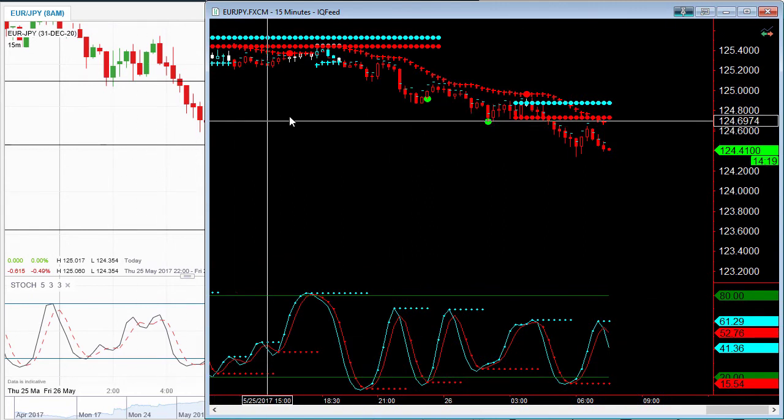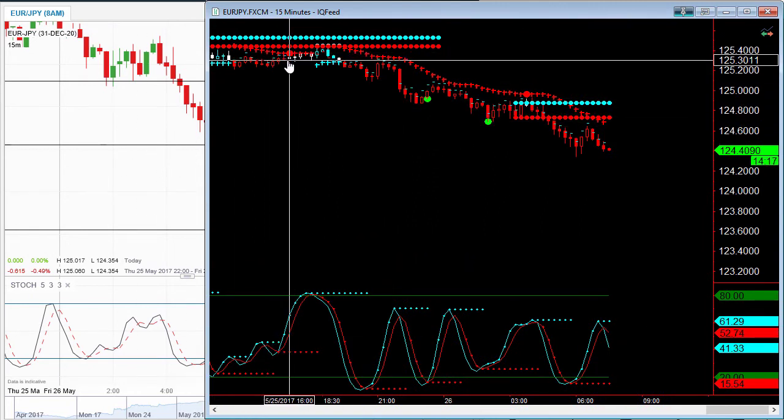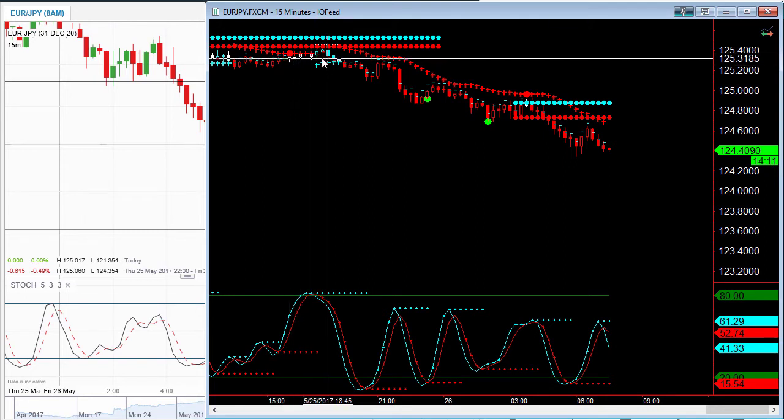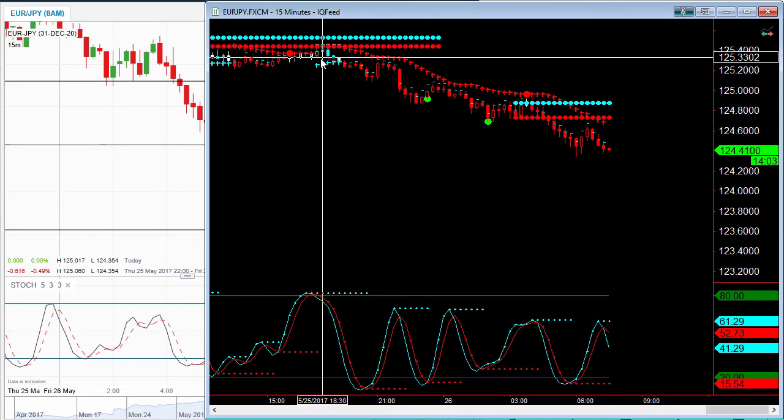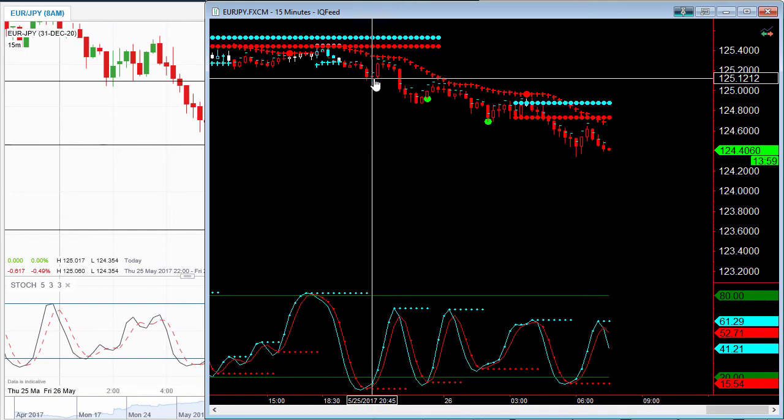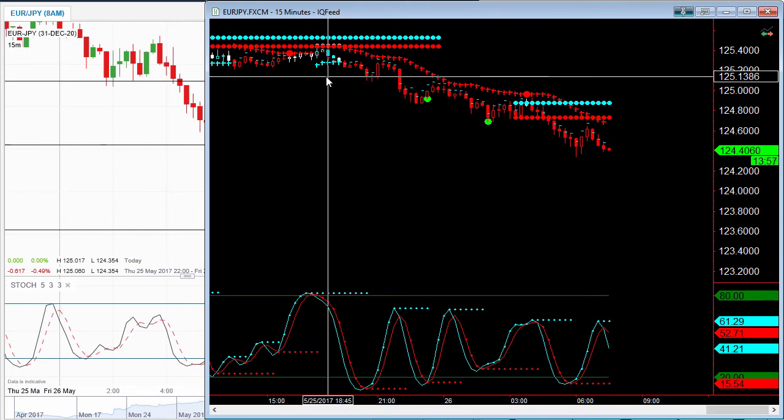Now I just want to show you, you had an entry back here actually yesterday afternoon, and if you had the indicators you would have another one here. You can barely see there's some white dots behind these red dots. You had a reversal bar here, and again that would have been 2 entries.